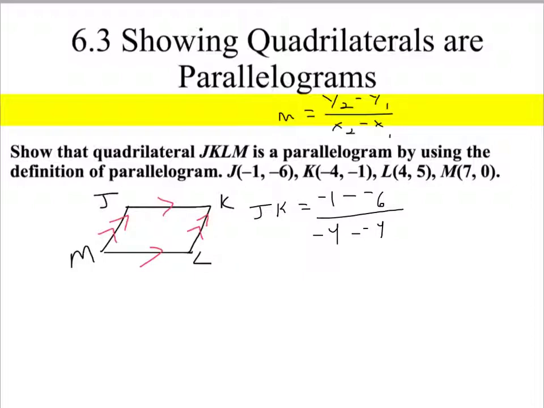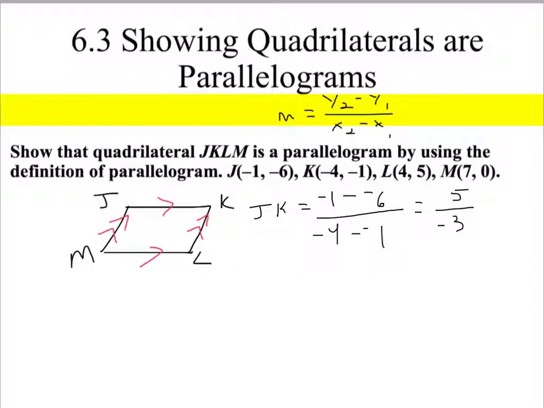Not -4, -1 at the end here. So when you take that -1 minus -6, I get 5. And -4 minus -1, I have -3. So that's the slope of JK.